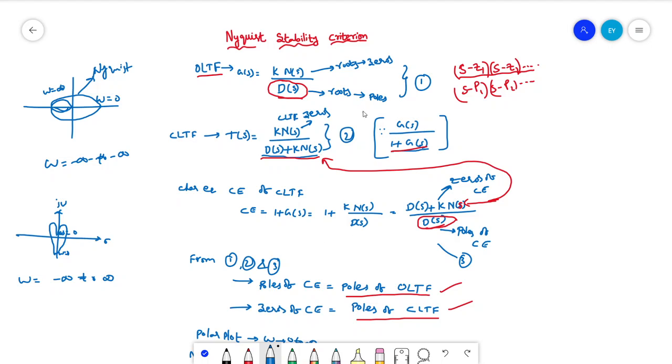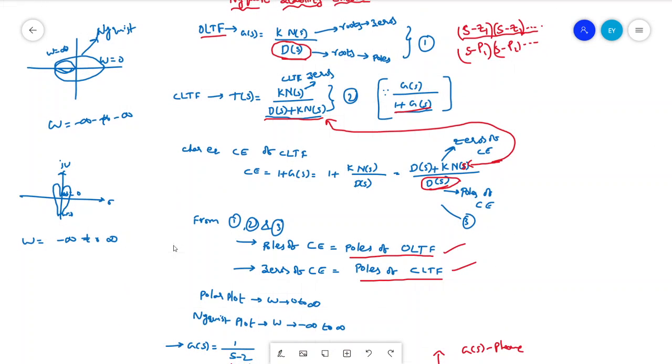So by observing all these three equations, what we can conclude is that poles of characteristic equation are the denominator part. So denominator of characteristic equation is poles of open loop transfer function, and zeros of characteristic equation is poles of closed loop transfer function, right?